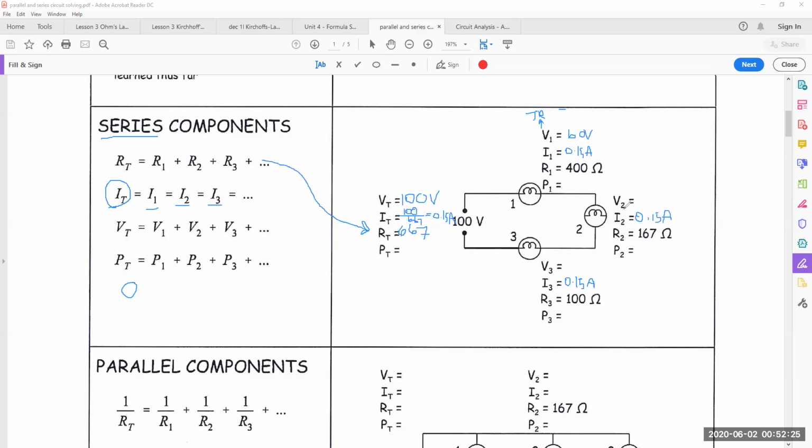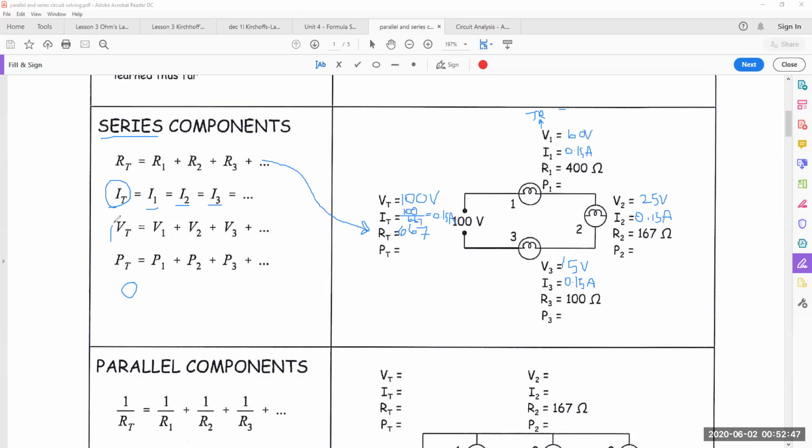Same thing here. R2 times I2, I get V2. And V2 is going to be 25 volts. I3 times R3 is going to be 15 volts.